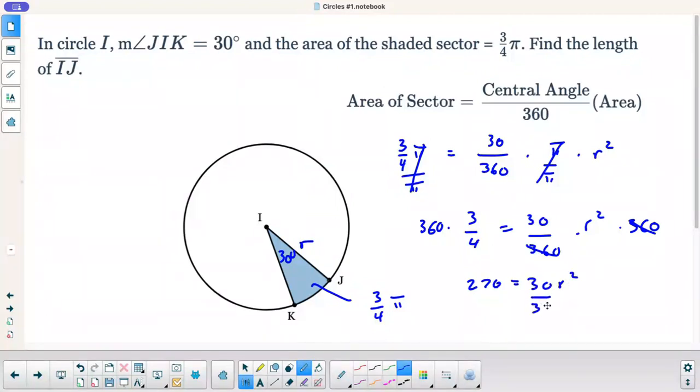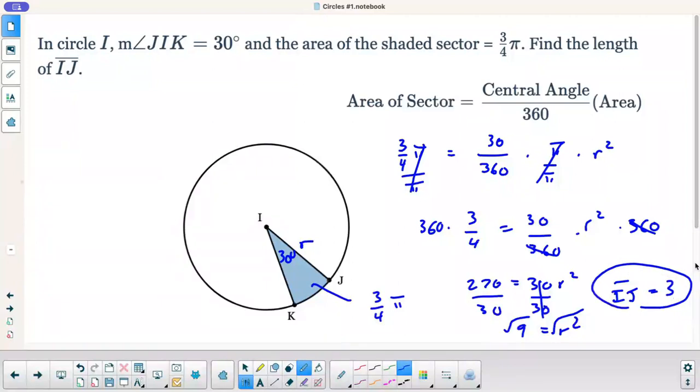Let's divide by 30. And that gives me 9. And then I square root both sides, and I don't need a plus or minus here because we're not going to have a negative radius. So I'm going to get segment IJ equals 3 units. Okay.